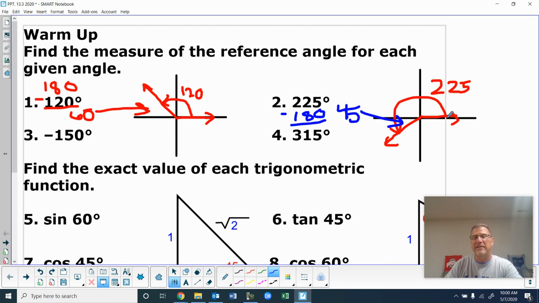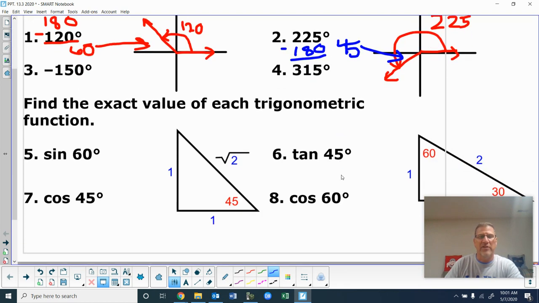The 315, we'd start here and go all the way around, because this is 90, 180, 270. Remember, all the way around was 360. So we're over here, and between the terminal side and the x-axis, we'd go 360 minus 315. This answer would have been 45. Just a quick review there.